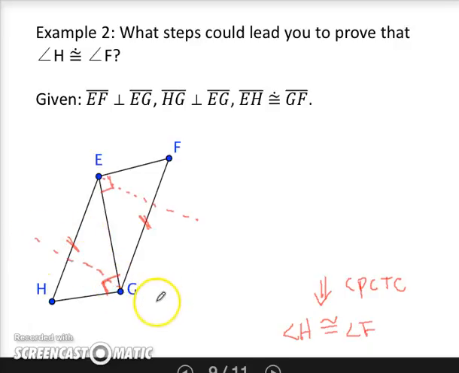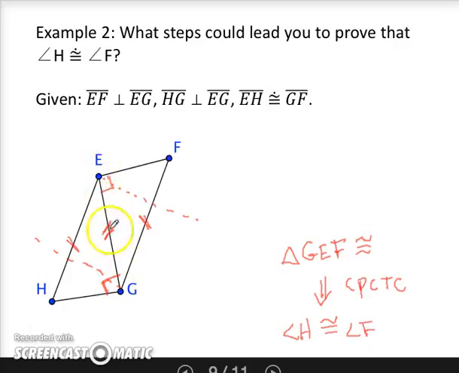So I'm on the right track here, and I'm noticing that the two right triangles here share a leg. EG is congruent to itself by the reflexive property. So I have the HL congruency theorem here ready to use. So I can say triangle GEF is congruent to, now I'm going to have to make sure I say these sides in the right order.